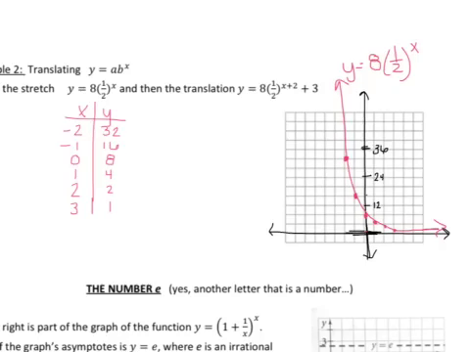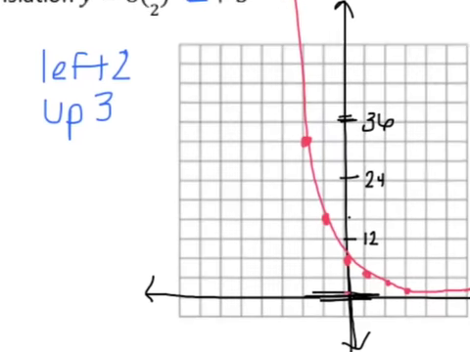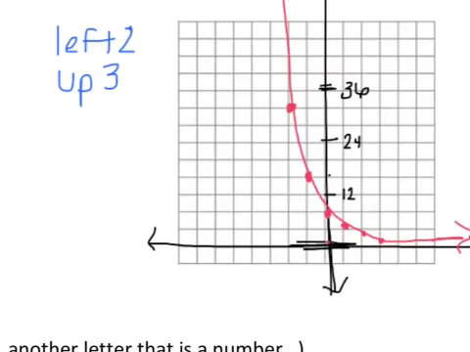Okay, to graph the other one, the more complicated one, we just need to know the shifts. What did the h cause? Left 2, very good. And the k? Yes, up 3. So take each point and do exactly that. I'm going to take this point and go left 2, up 3.